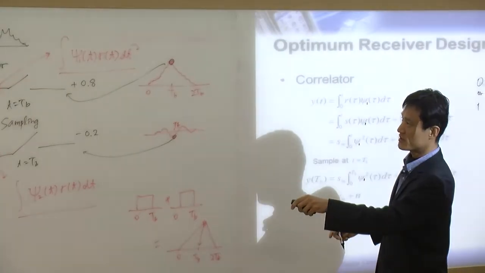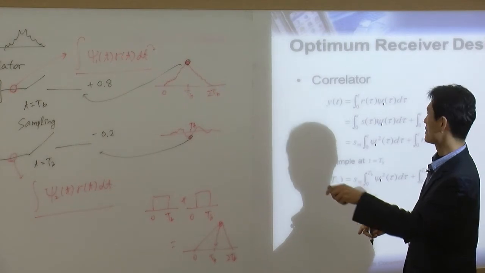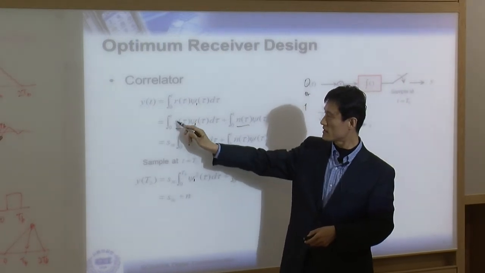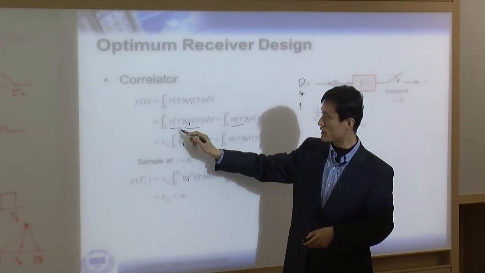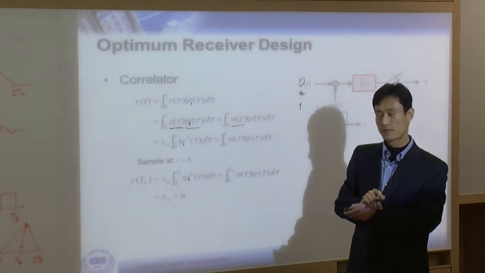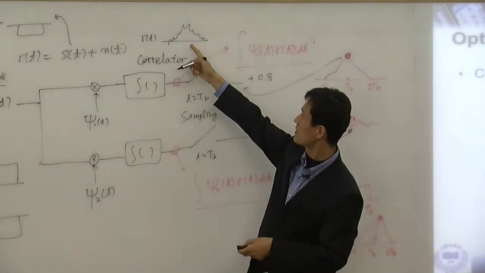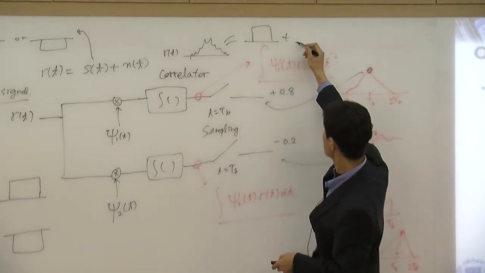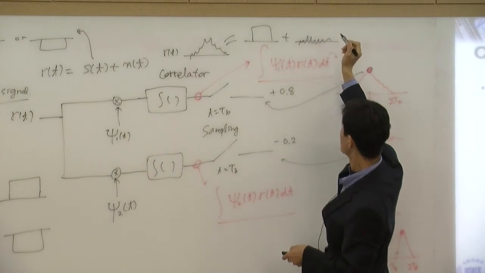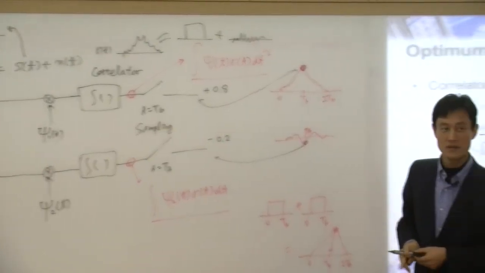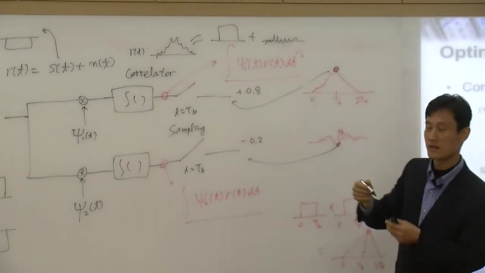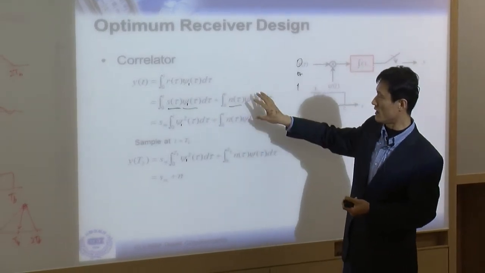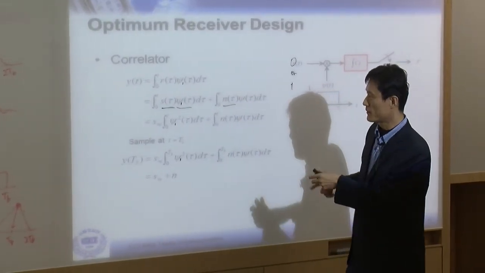So mathematically, we just put this inside instead of r(t): s(t) plus n(t). That's how you get a noisy signal. Just separate the original s(t) and the noise n(t), and put that in here.